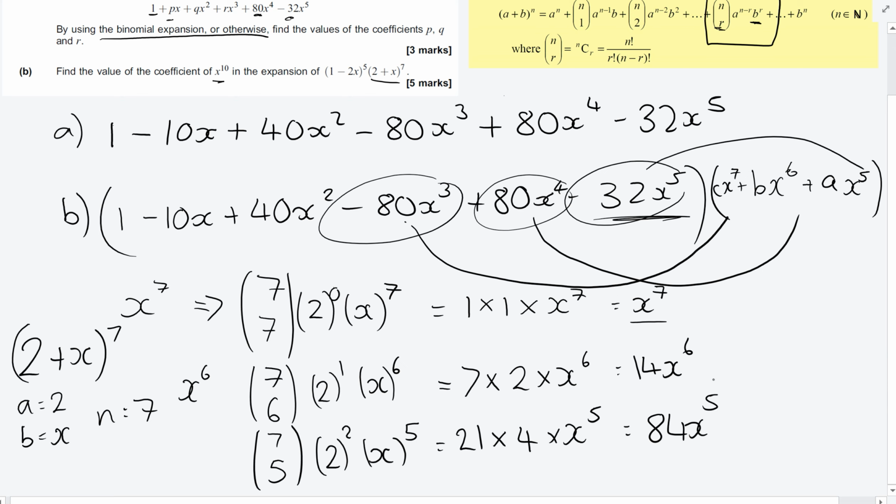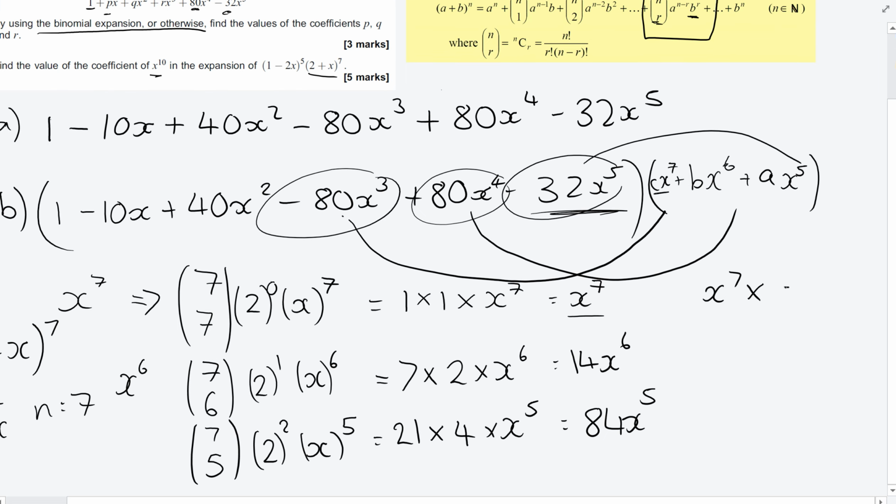So we haven't yet finished. This is the reason why this is 5 marks worth of working here. So the 1x to the 7 is going to be multiplied by minus 80 x to the 3.